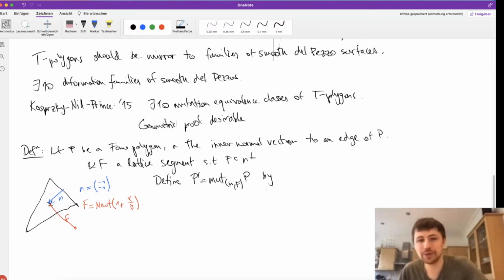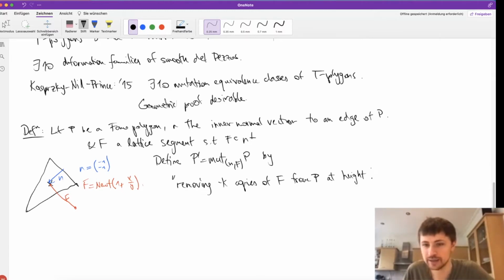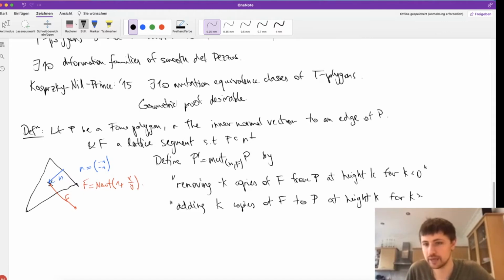I'm being slightly sloppy, because if I wrote down the real definition, it would be a bit hard to understand. So morally speaking, we're removing -k copies of F from P at height k for k negative, and adding k copies of F to P at height k for k positive.